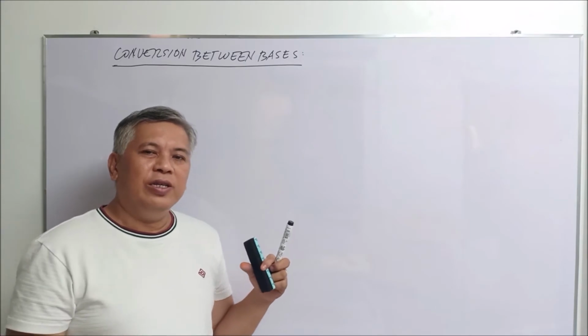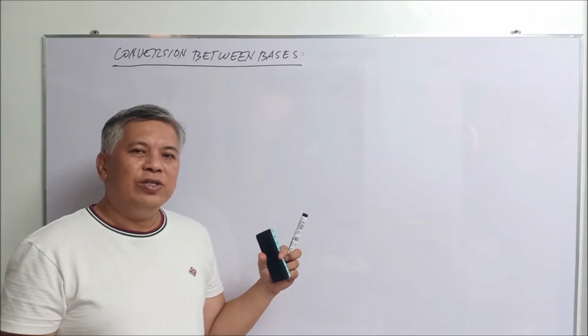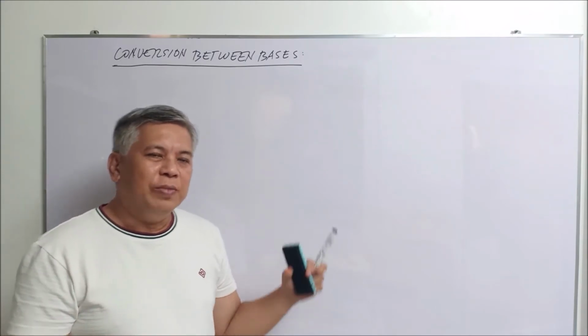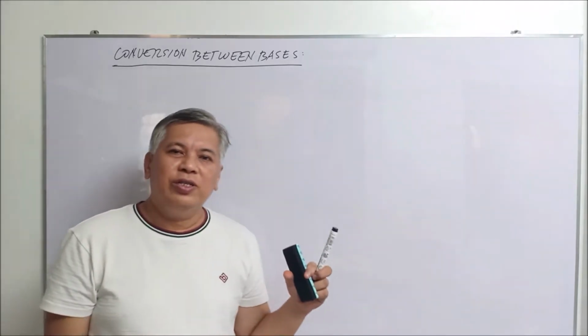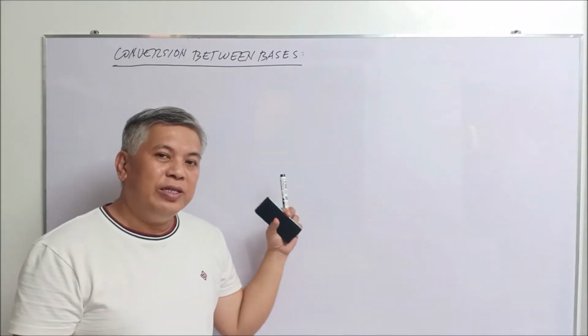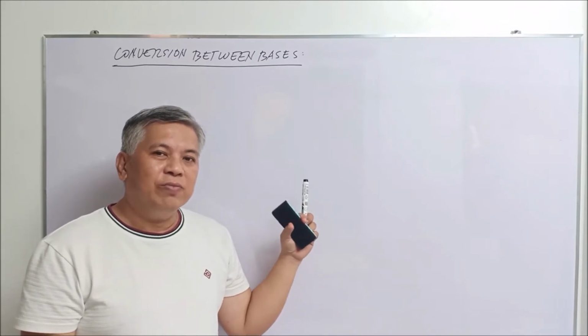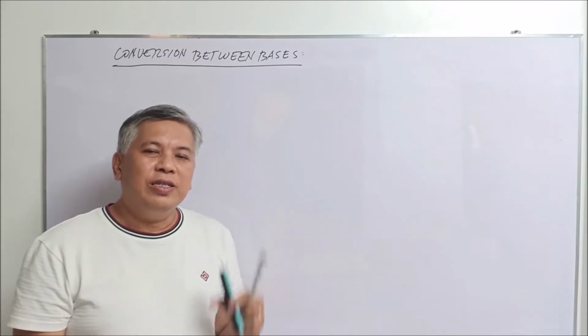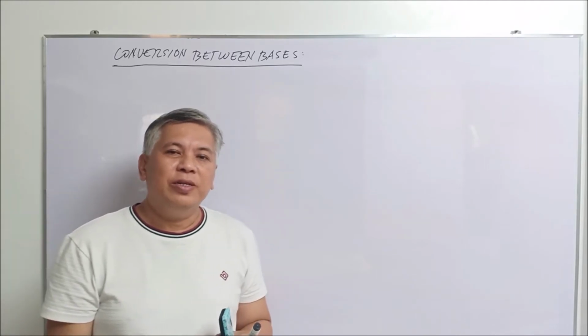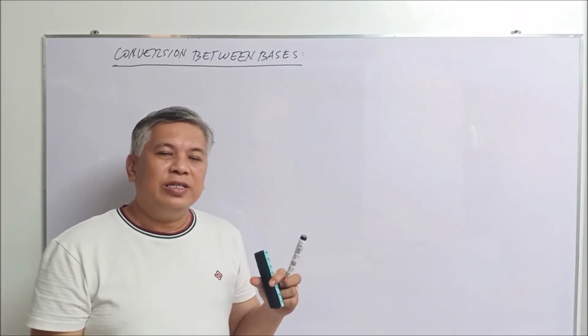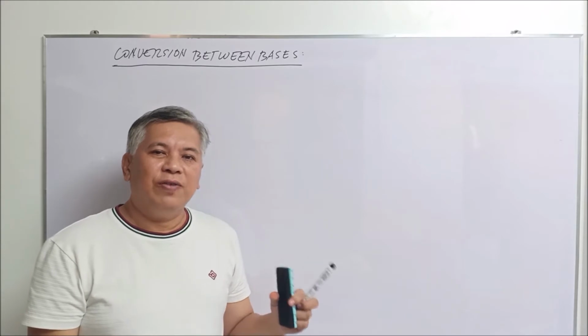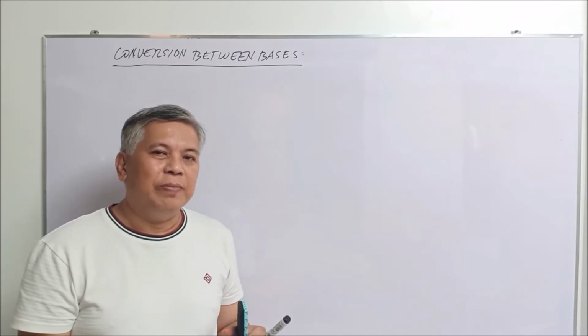One is using the long method, which is a series of division. But the other one is using the short method, which we will be discussing today. So we will be using the short method wherein the decimal or binary number system is used as its base or reference number system. Okay?